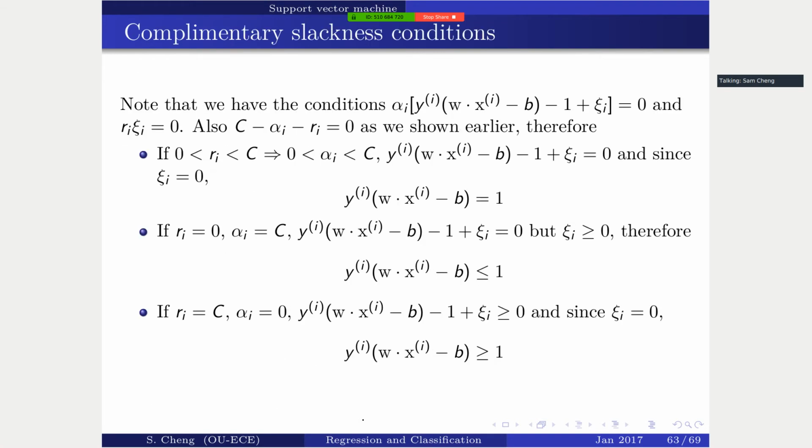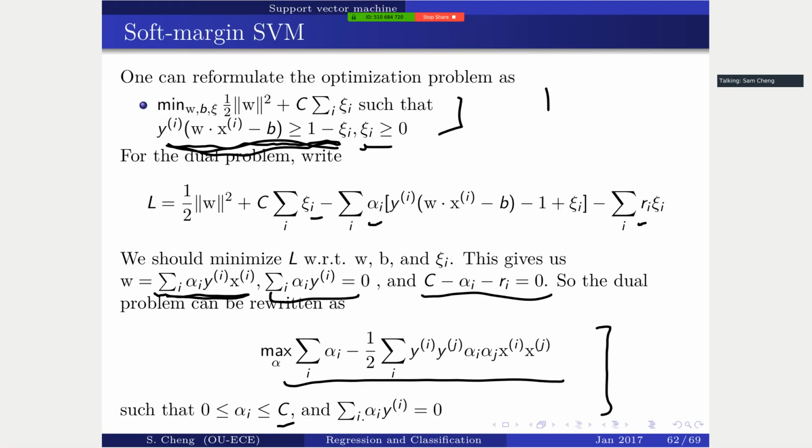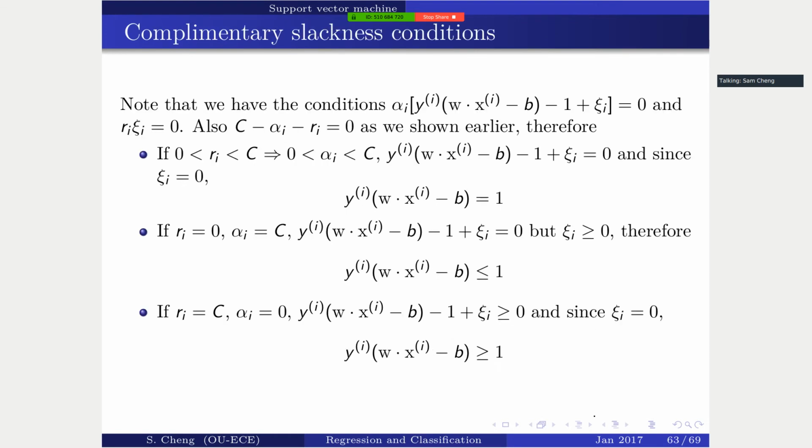So let's see what's next. As I mentioned, this is the dual problem, and finally I want to give some remarks on the different cases, taking advantage of the complementary slackness conditions.